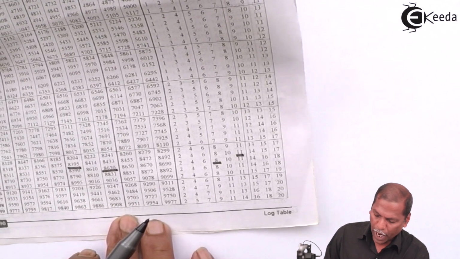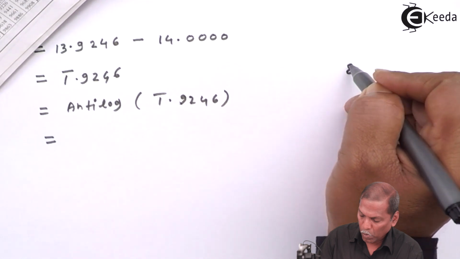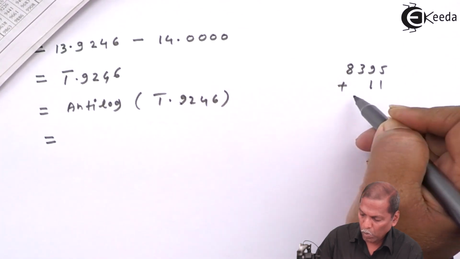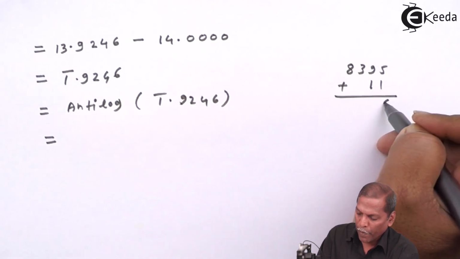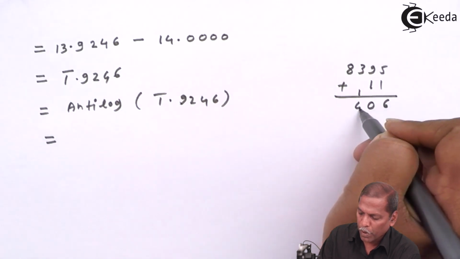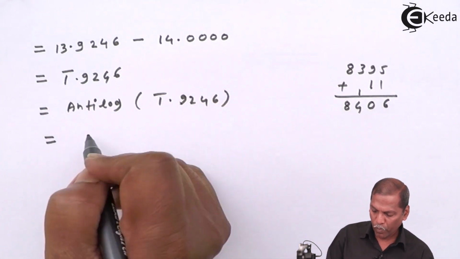So 8395 plus 11. On adding these two, we get 5 plus 1, 6, 9 plus 1, 10, carry 1, 3 plus 1, 4, so we get 8406.